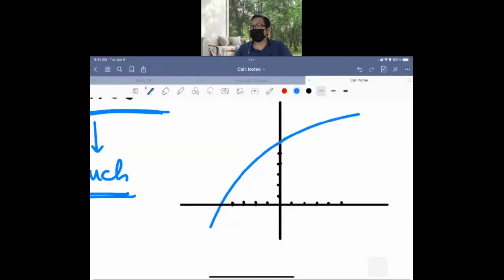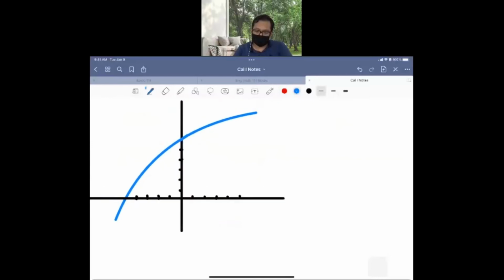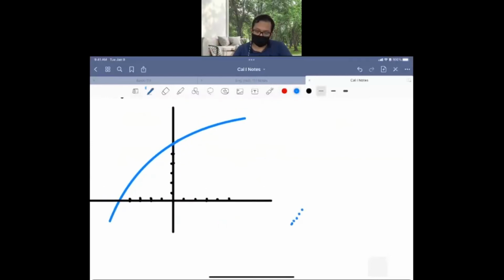We connect many dots and it becomes a line. The more dots there are, practically it becomes a line.